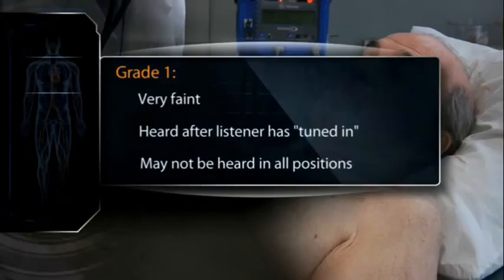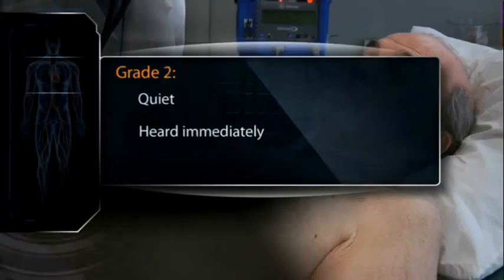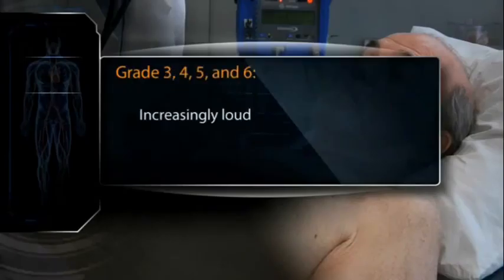It may not be heard in all positions. A grade 2 murmur is quiet, but heard immediately after placing the stethoscope on the chest. A grade 3 murmur is moderately loud. And grades 4, 5, and 6, by definition, have an accompanying palpable thrill.